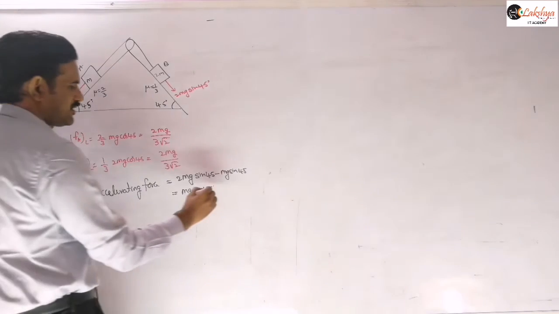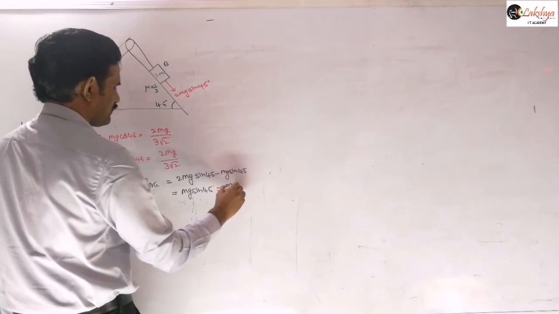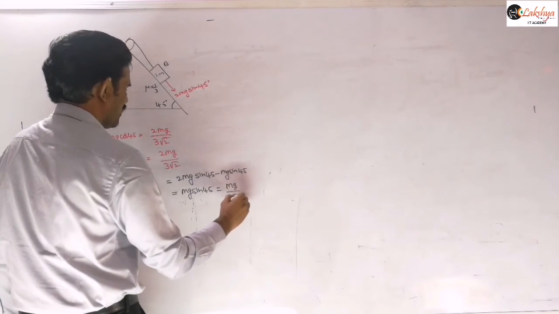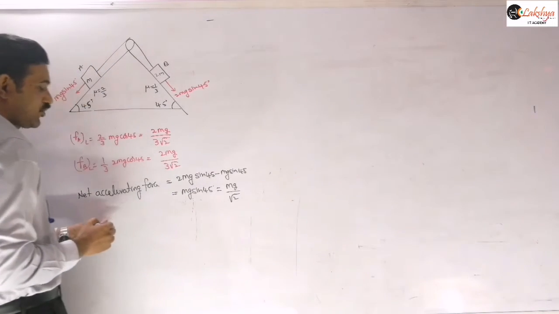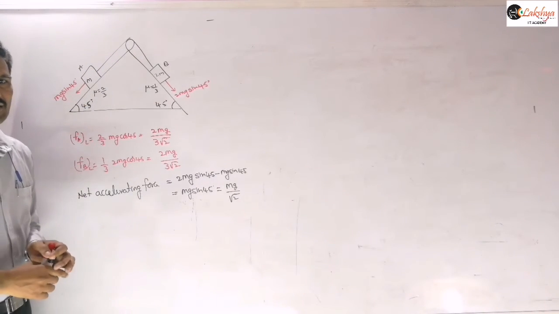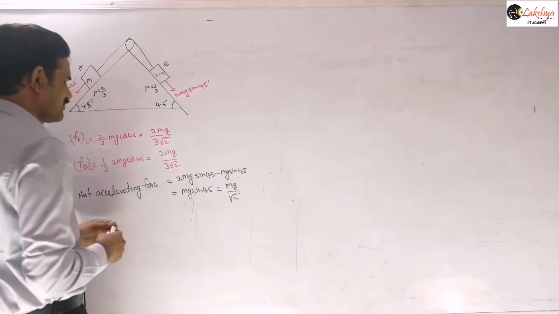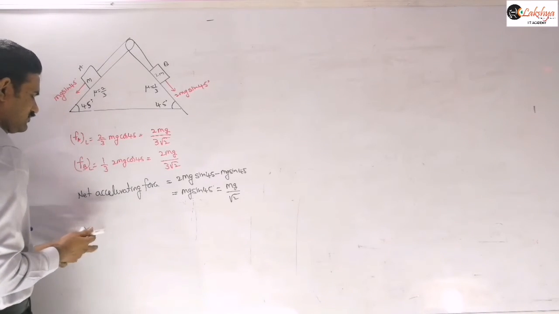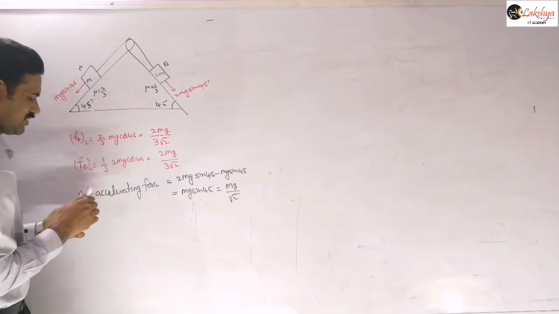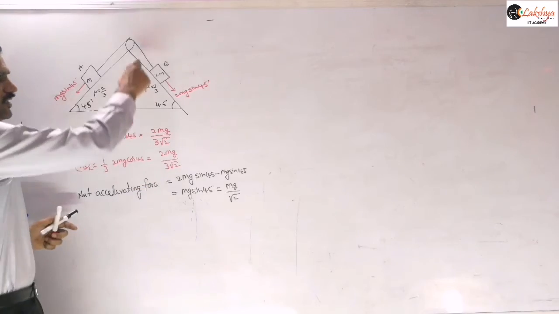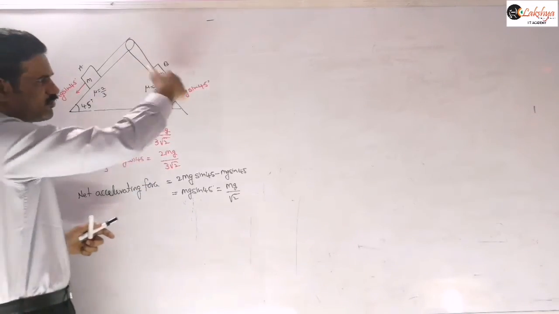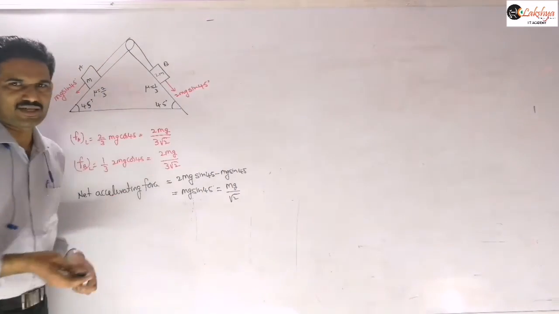So you can write this as mg by root 2. Now see how much opposing force is there. You can simply think like this: suppose block B is moving down, because this will decide the net accelerating force.